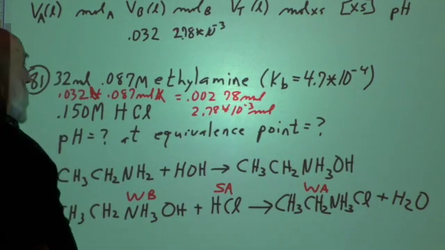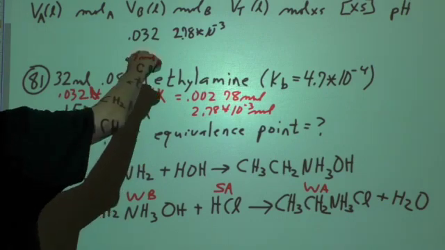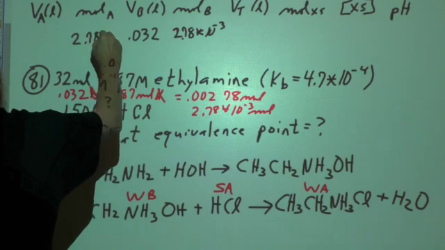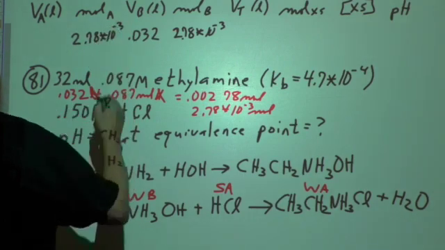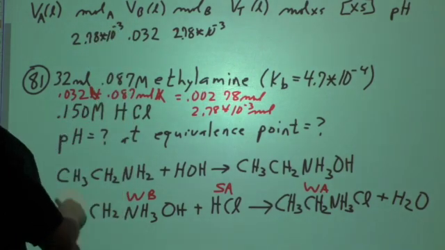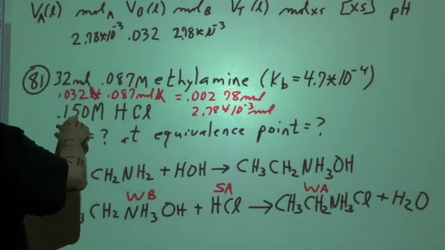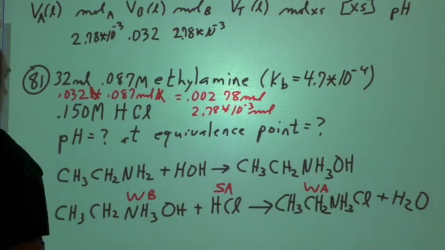Okay, and because this is at the equivalence point, if that's the moles of base, then that also has to be the moles of acid. And now, to find out how much volume we have, we've got to use that and that together.